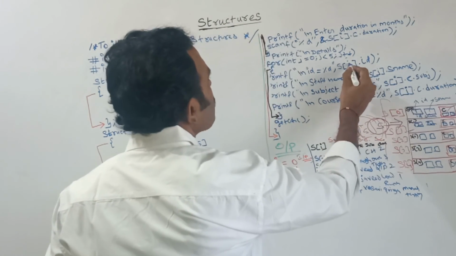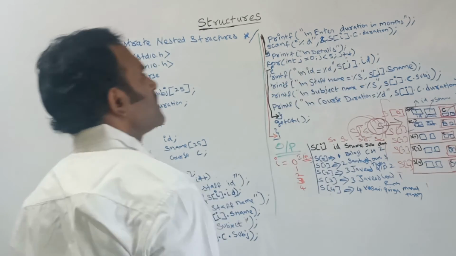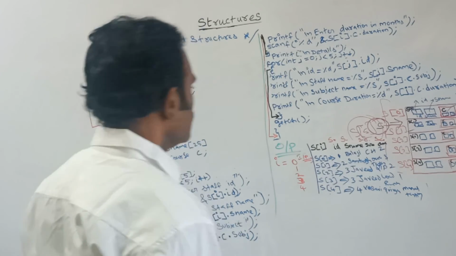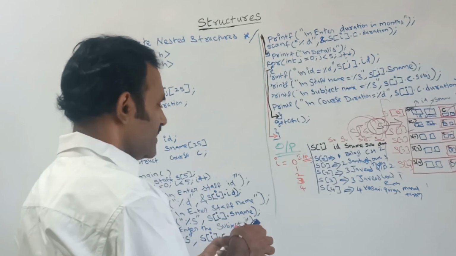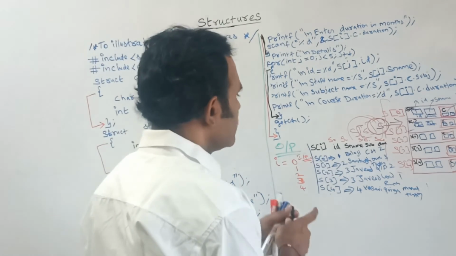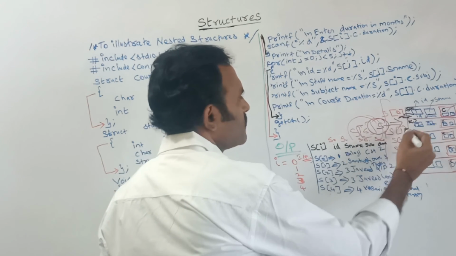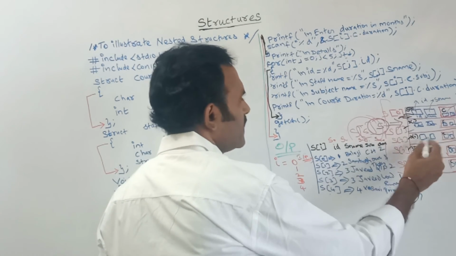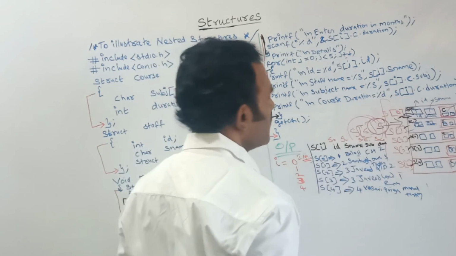For s of, I have declared the variable j equal to 0, j lesser than 5 and j plus plus. So this loop is used for printing the output. What data we had given inside, that data will be printed. For each and every location, s of 0, s of 1, s of 2, s of 3 and s of 4, totally these 5 records were stored here.